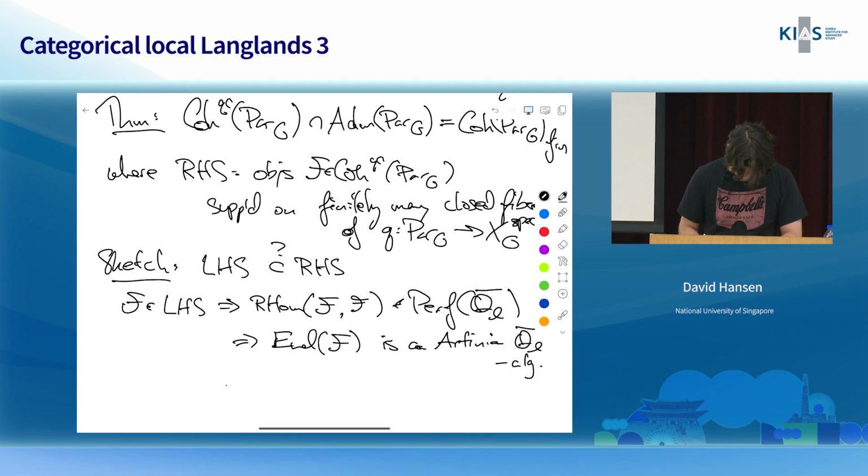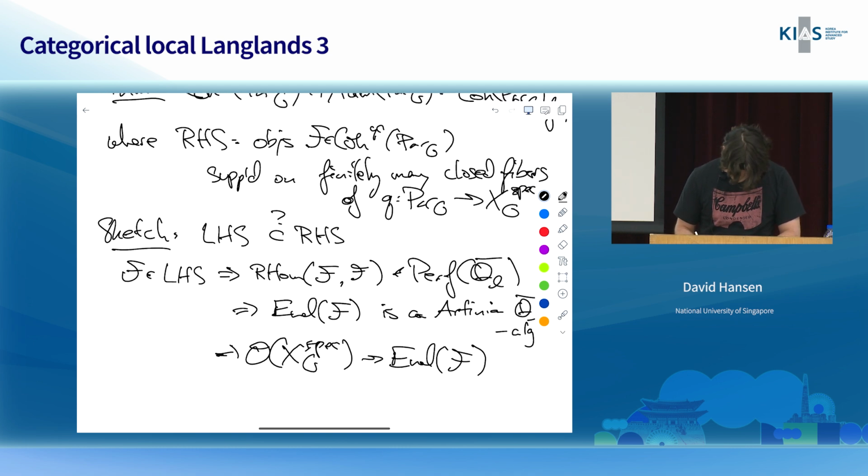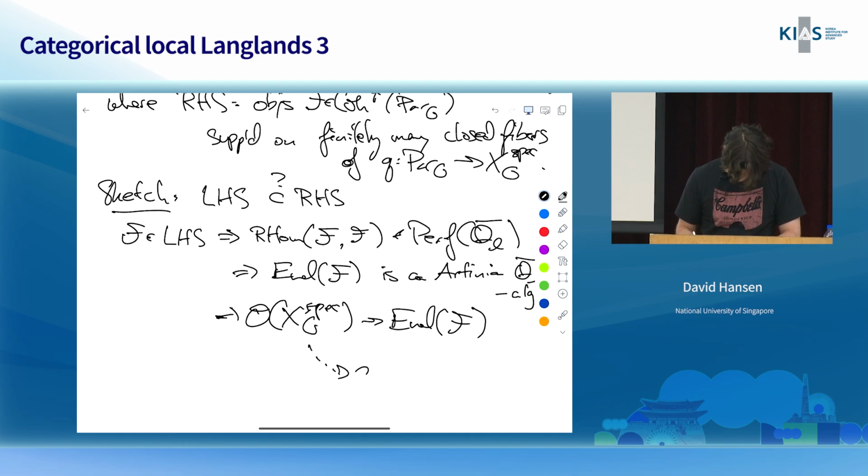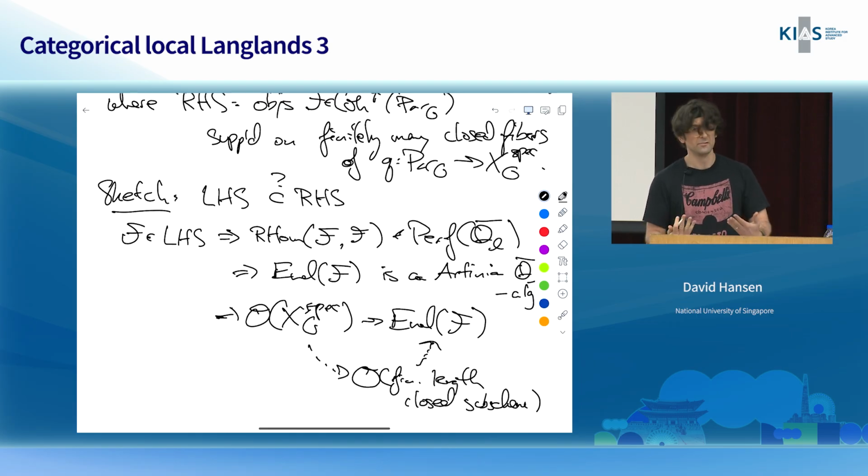So the natural map from O of X_G spec to endomorphisms of F factors through O of a finite length closed subscheme of X_G spec. And that will even give you the finitely many points that you need to take the preimage of, right, to get the fibers where this thing lives.